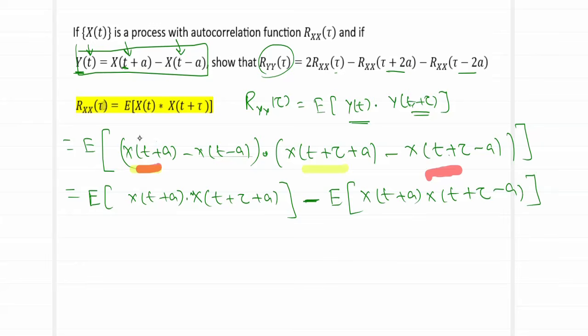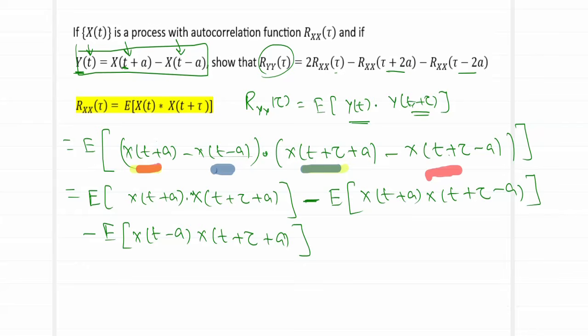Now I will take the second term with the first term. Since we have a minus sign over here, you will have minus the expected value of x of t minus a, and this is going to be x of t plus tau plus a. So this is going to be my quantity.